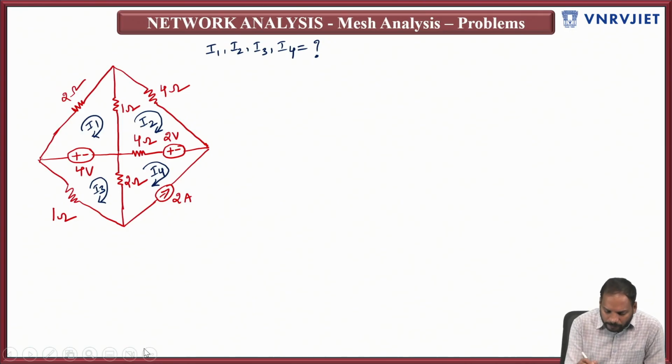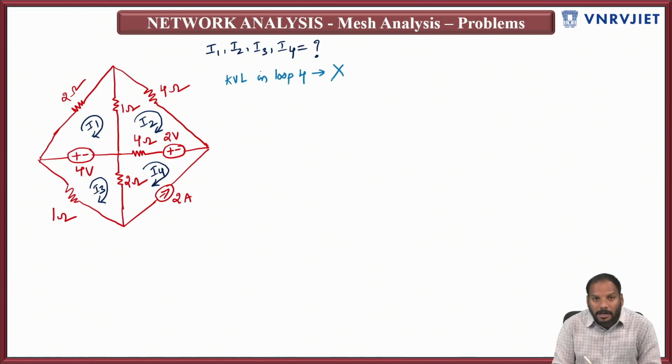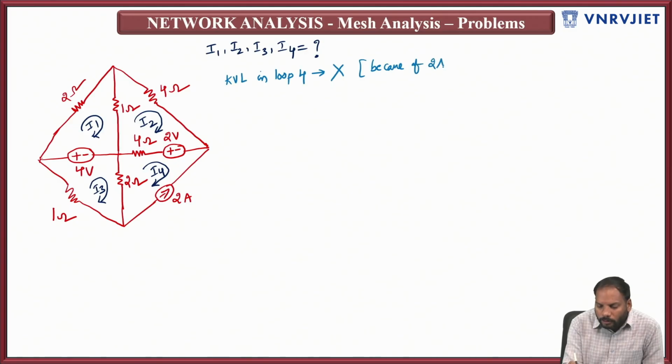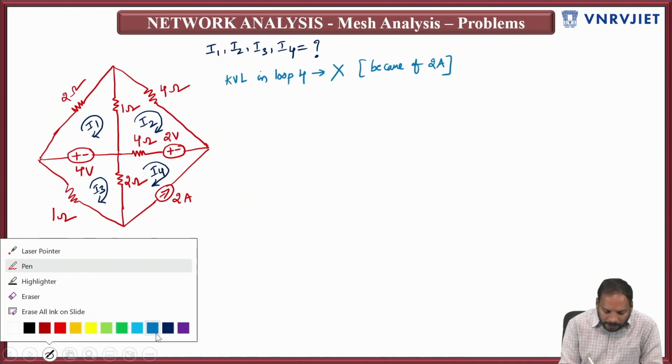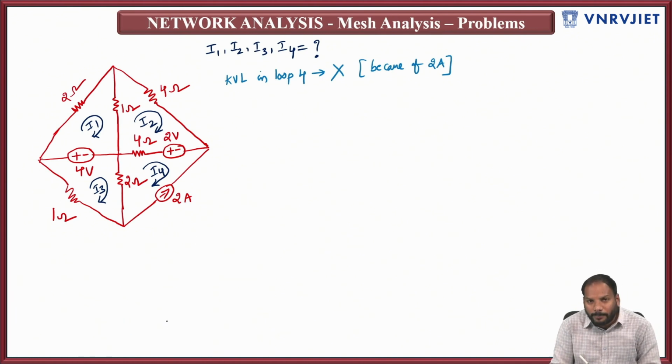However, it is not possible to apply KVL in loop 4 because there is a current source of 2 amperes. If you know the voltage across this 2 amperes, then you can apply it. That is not an issue, but there you don't know the voltage across this 2 amperes. So that is why you cannot apply the KVL.